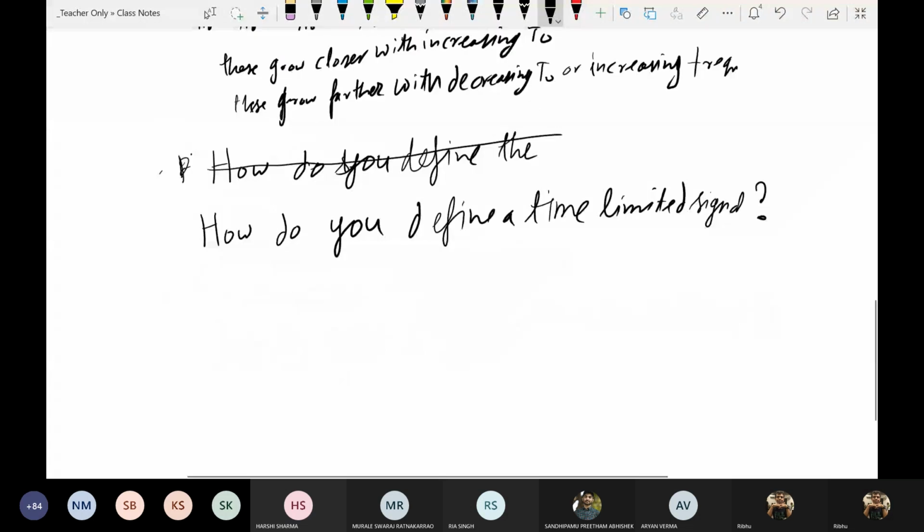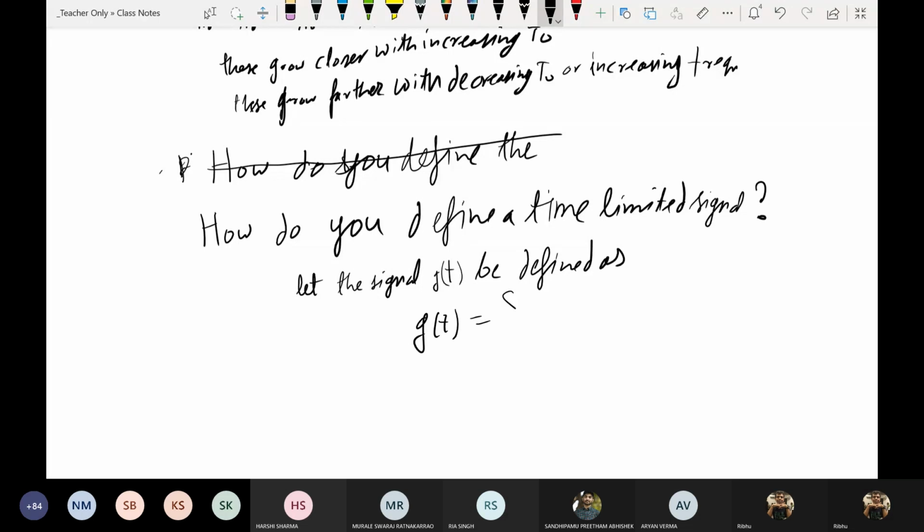So let a signal x(t) be defined as, let it be a, so does this qualify as a time limited signal?